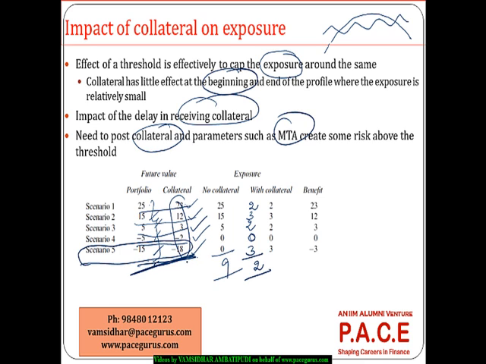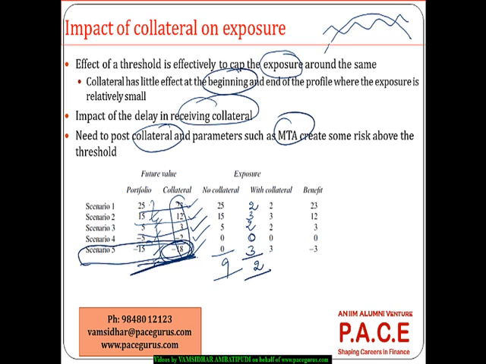Here, I am having a collateral worth -18. So I'm supposed to pay 18 bucks as a part of the collateral. So overall my exposure is to the extent of plus 3 here, because the expected future value is minus 15, but minus 18 is the collateral.